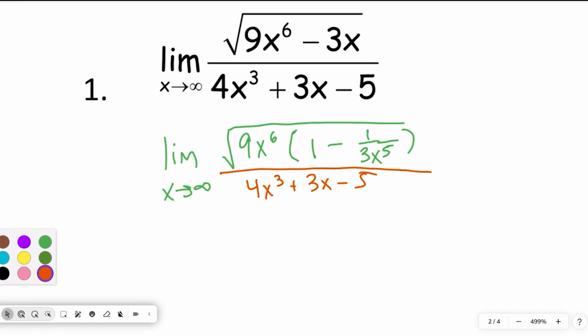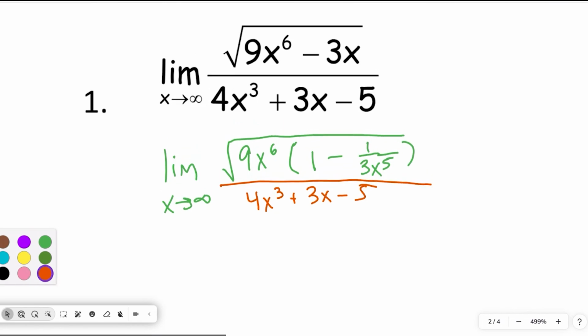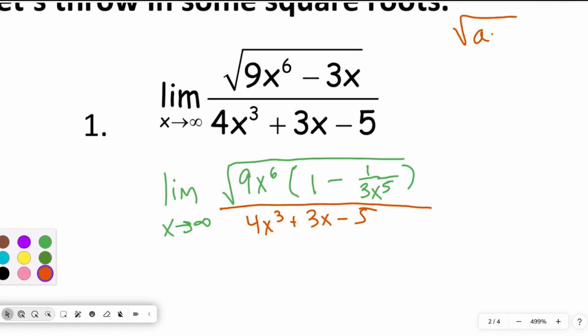Okay, now when you take the square root of a product like this, if you have the square root of, let's just say, a times b, this is something you did probably starting back in geometry. When you simplify square roots, one property that you should be aware of is that you can split up a product that's underneath the square root. In other words, the square root of a times b is the same thing as the square root of a times the square root of b.